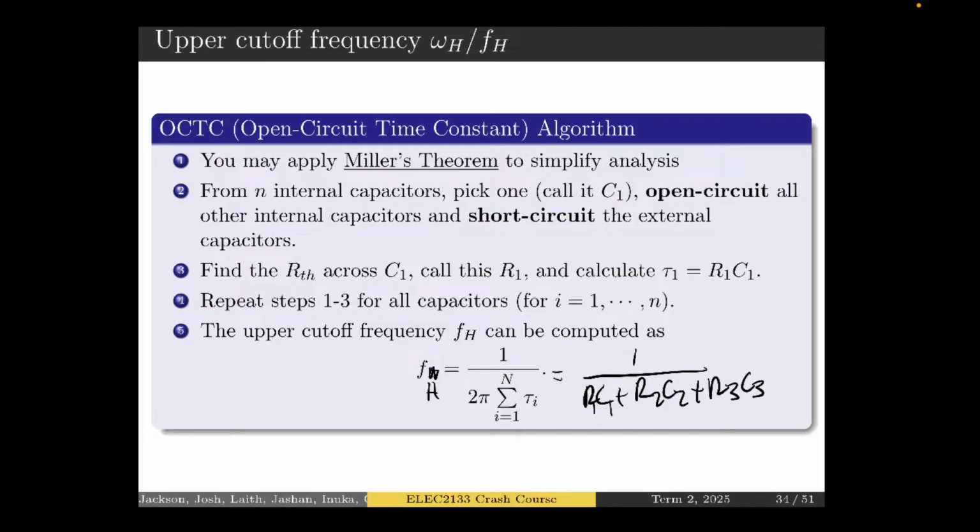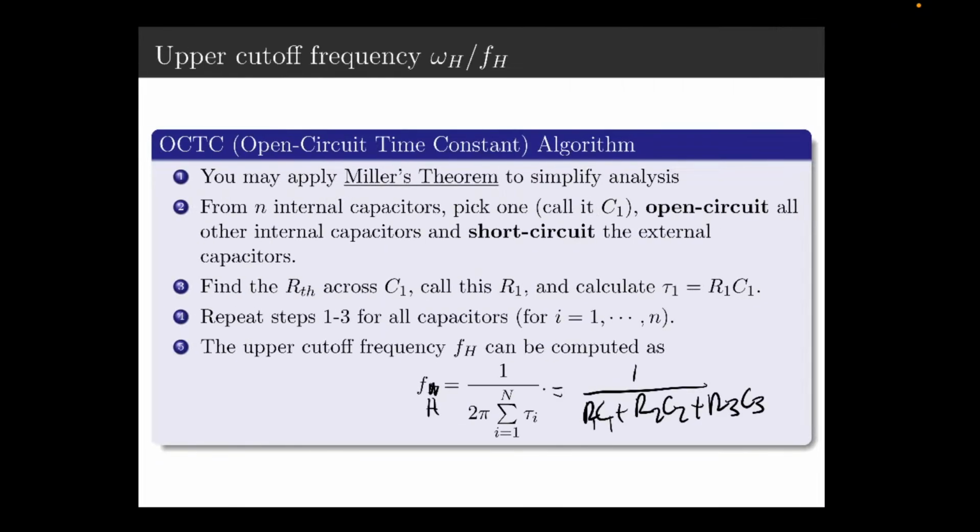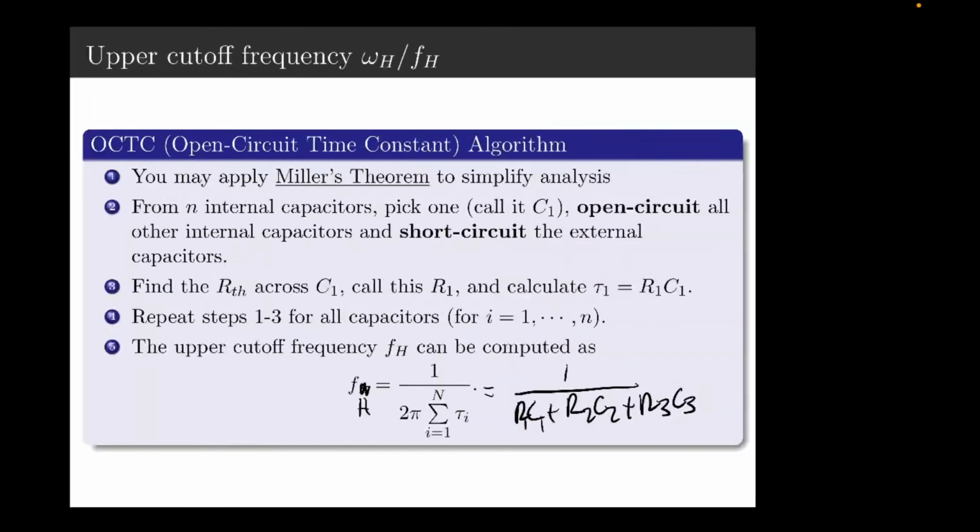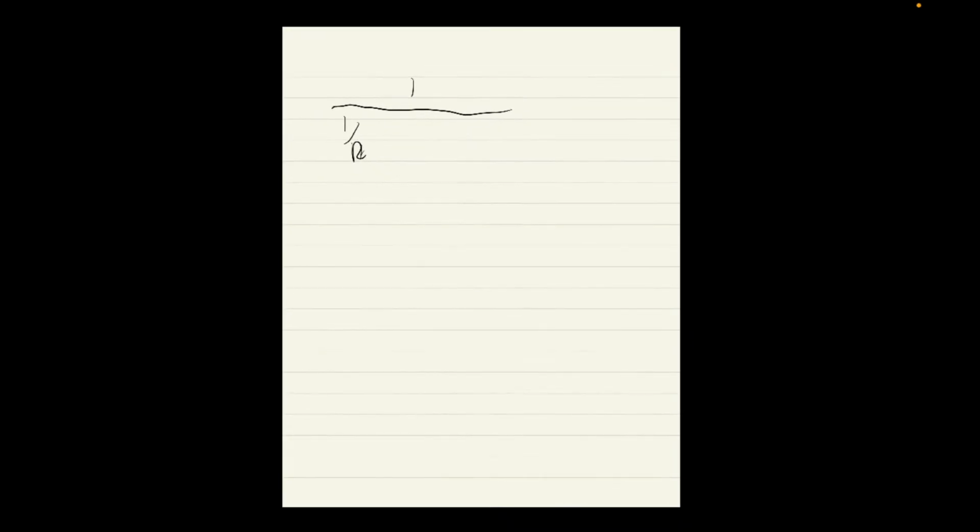But if I wrote this in a different way, maybe you might see something you can liken it to. So this is going to be 1 on, 1 on R1C1, plus 1 on R2C2. So I've just taken the double reciprocal of these. 1 on that.